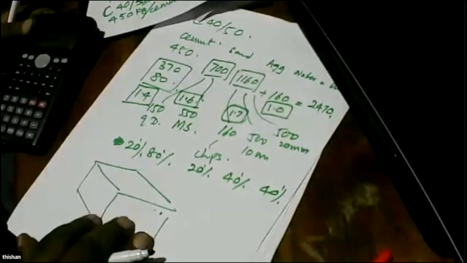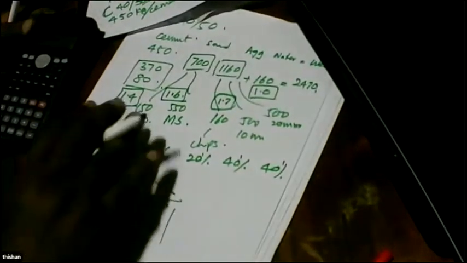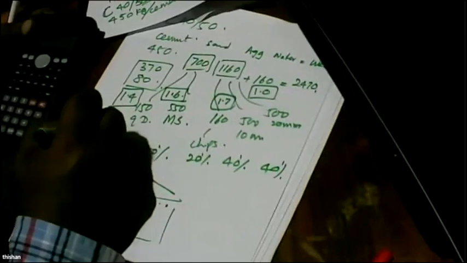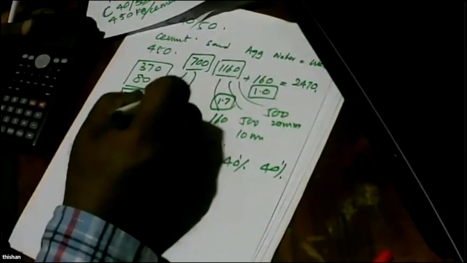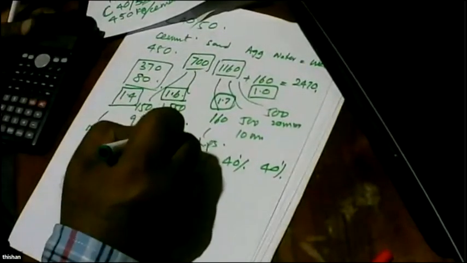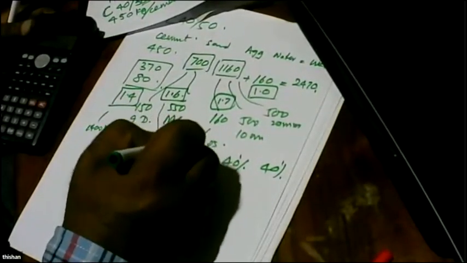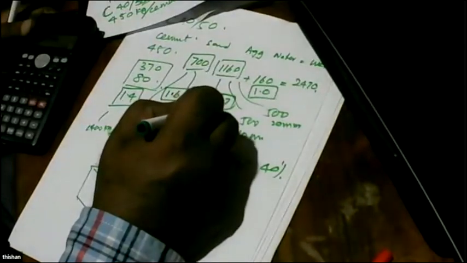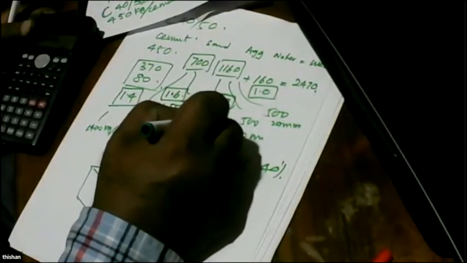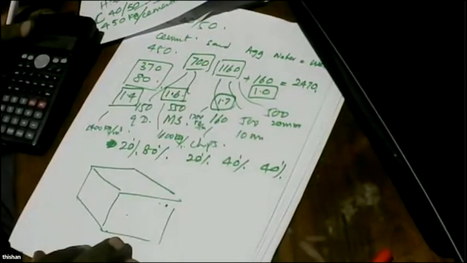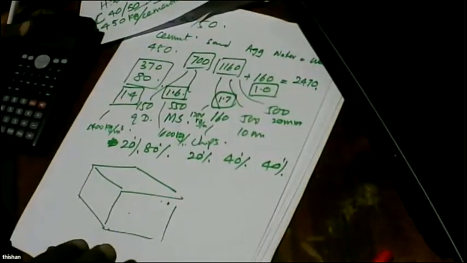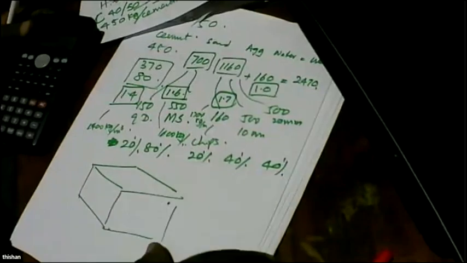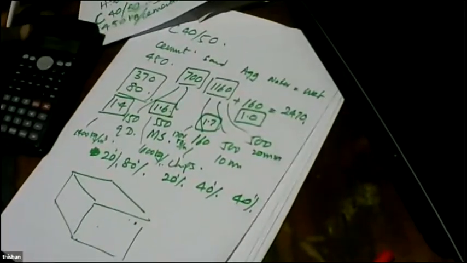So the density of cement is about 1,400 kilograms per meter cube, sand will be about 1,600 kilograms per meter cube, and this will be about 1,700 kilograms per meter cube. Based on that, you can work out the volume of each item, and then you can ensure that we go for a curve.